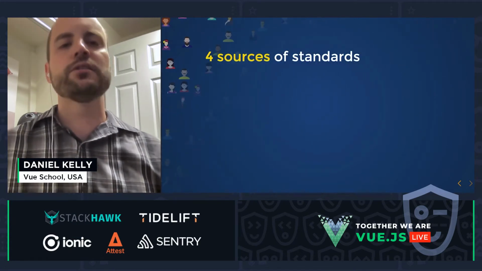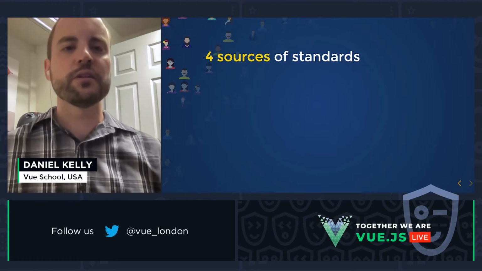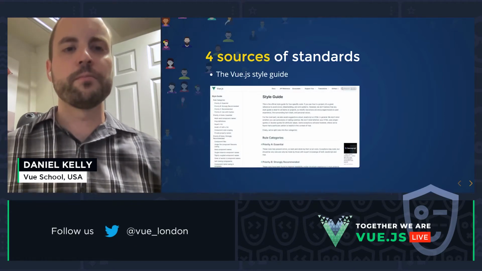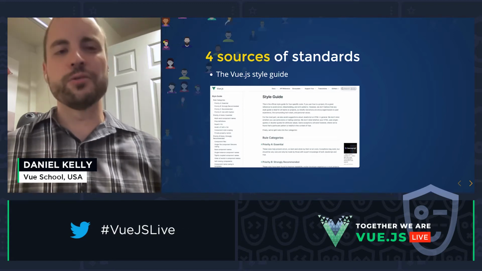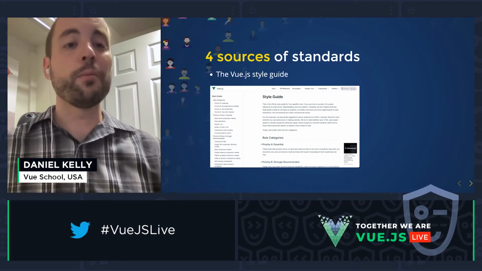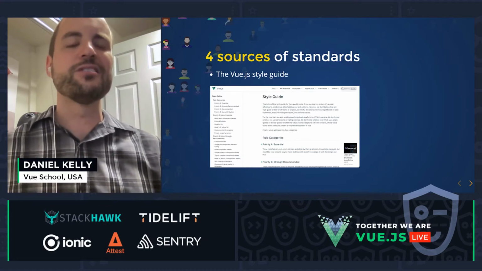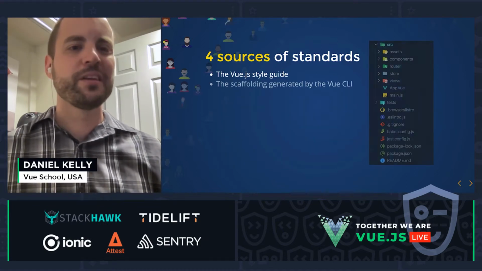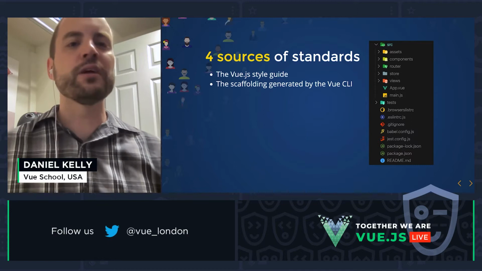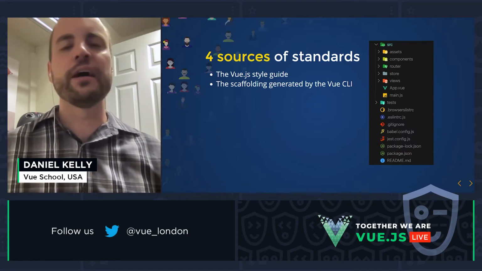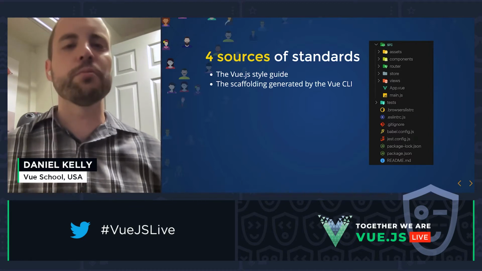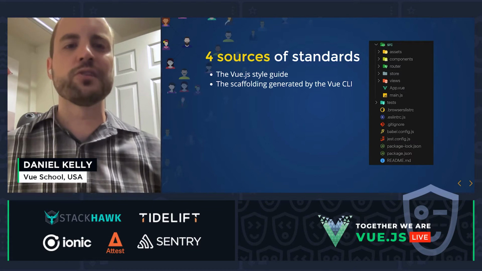And in my eyes, there are 4 sources of standards across the Vue.js community. The first is the Vue.js style guide, and probably the most obvious, because its literal purpose is to provide a set of standards for us all. The next is the scaffolding generated by the Vue CLI. Now, I'm not getting into Vue CLI or Vite here because really I prefer Vite, but I'm really just talking about that file structure that we're all used to seeing.